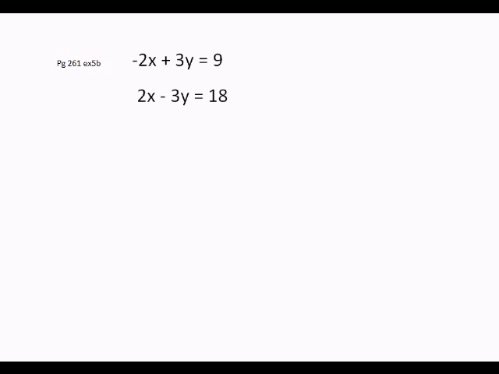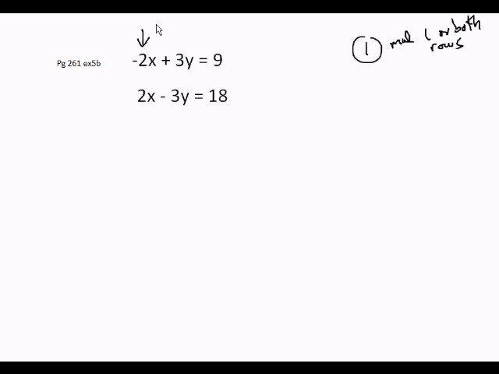Now we're going to try the next one. It's very similar. Page 261, example 5b. It's the one right next to it. Step number 1, multiply one or both rows. Do you see how I have a positive 2 and a negative 2 for the x's?